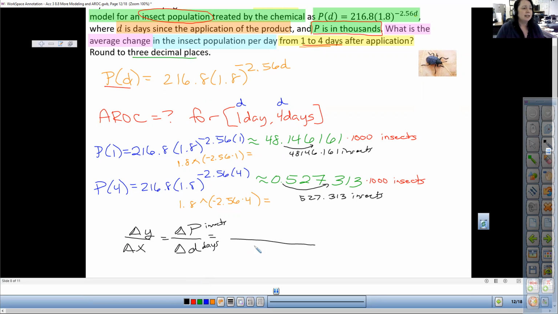So in my days, I like to start with the larger. So this is 4 minus 1 days, which is going to give me 3 days. And then the 4 number has to go first, and that is this 527.313 minus the insect number that goes with the 1, which is the 48,146.161 insects.